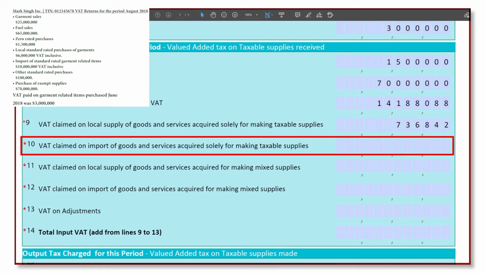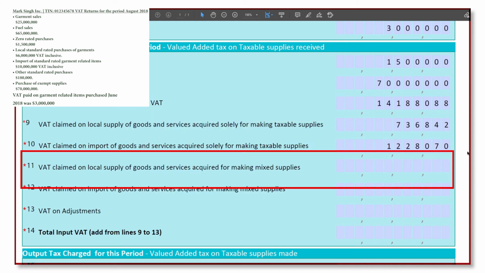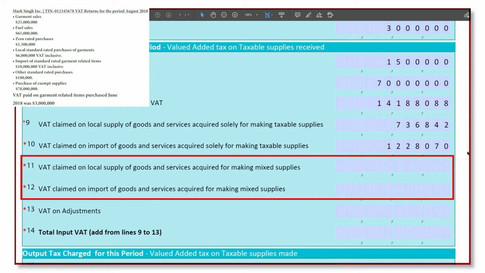In line 10, we must find the VAT claimed on import of goods and services acquired solely for making taxable supplies. That is the import of standard rated garment-related items, which was $10 million. Using the VAT fraction, that total is $1,228,070.